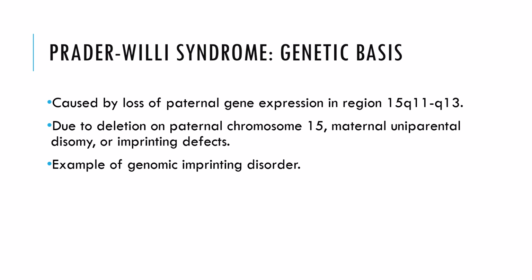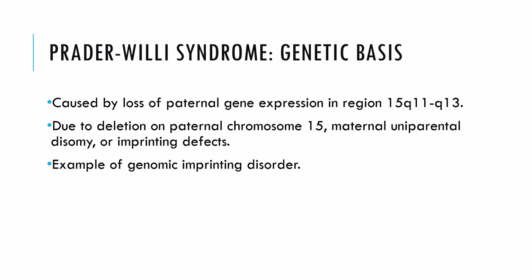Microdeletion involves deletion of a small fragment of a chromosome, usually less than 5 million base pairs, and this syndrome is an example of microdeletion, and it's also an example of genomic imprinting. Have you heard in the previous genetic classes about genomic imprinting?